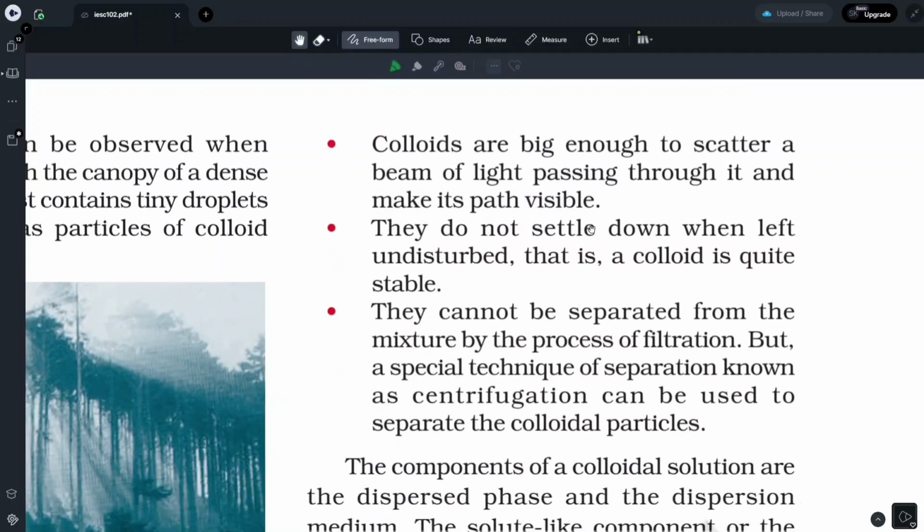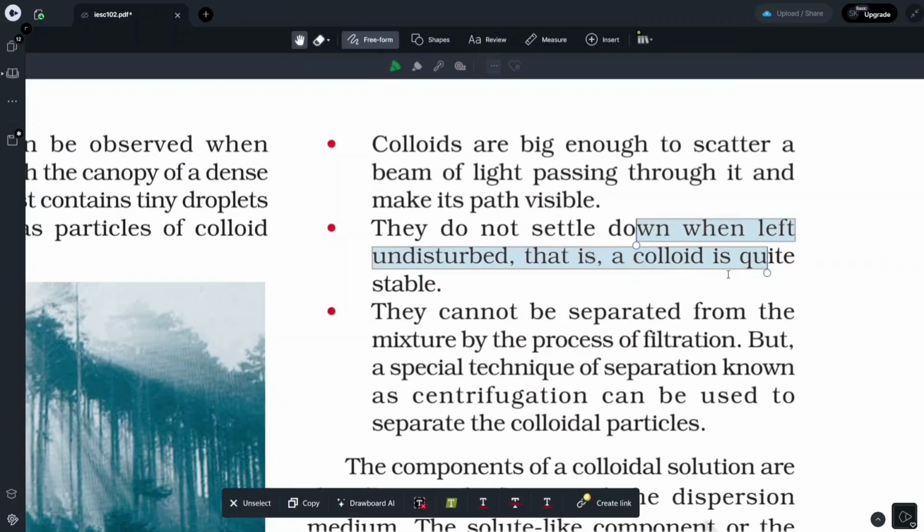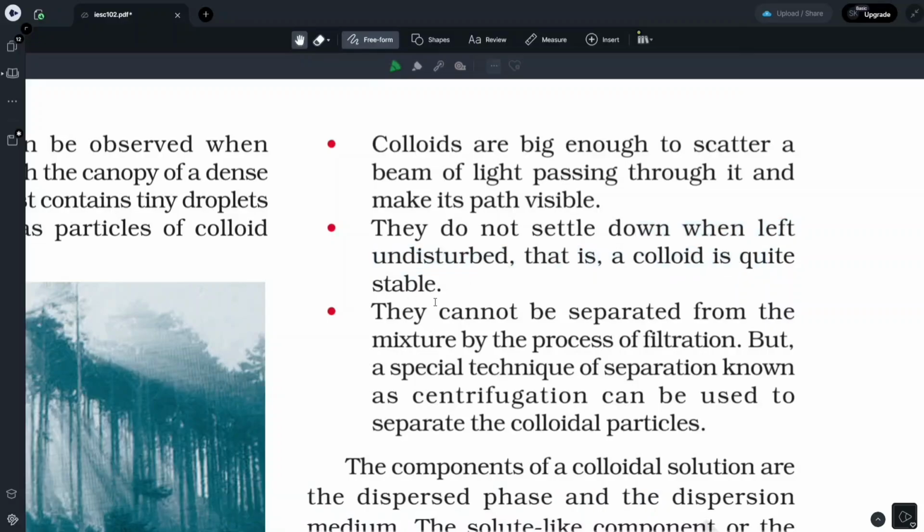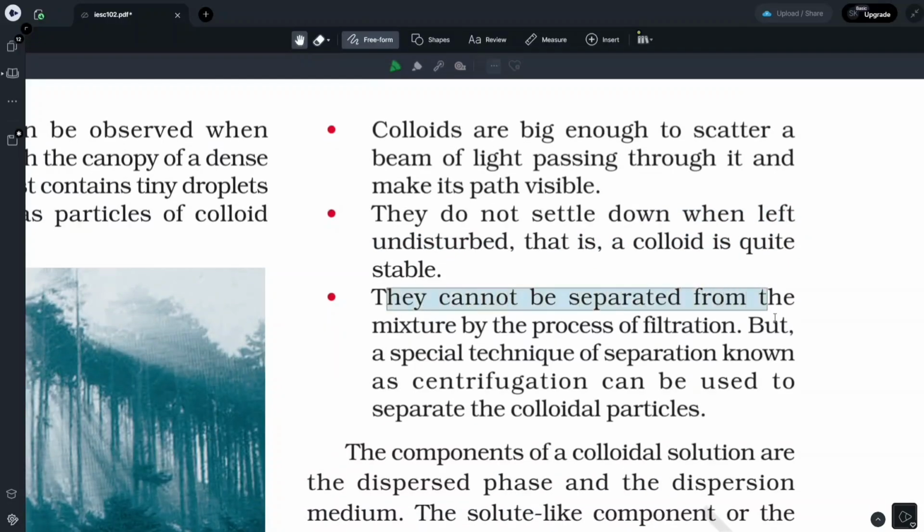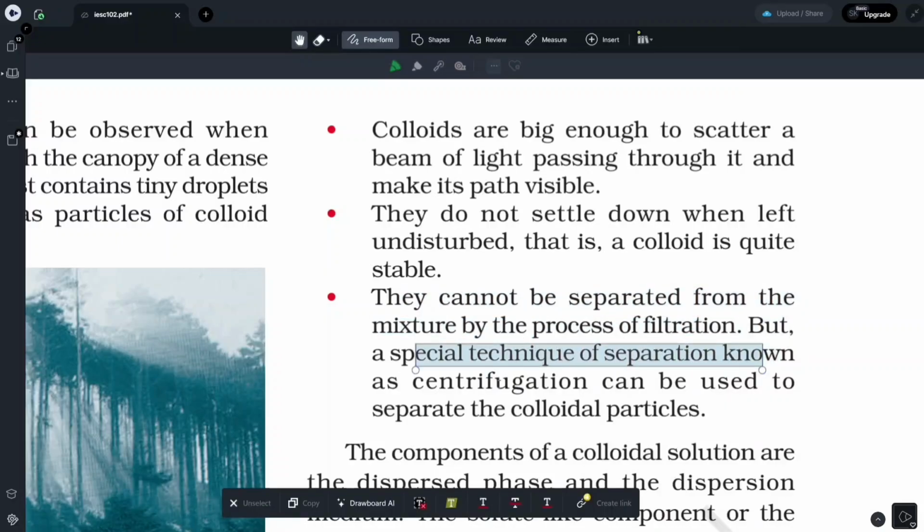They do not settle down when left undisturbed. That is, a colloid is quite stable. They cannot be separated from the mixture by the process of filtration, but a special technique of separation known as centrifugation can be used to separate the colloidal particles.